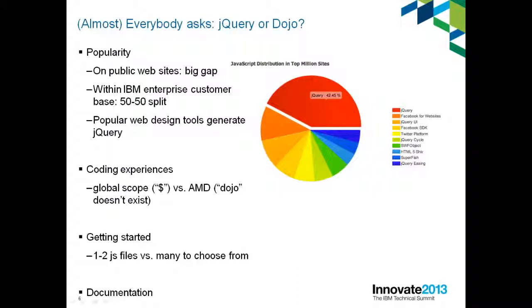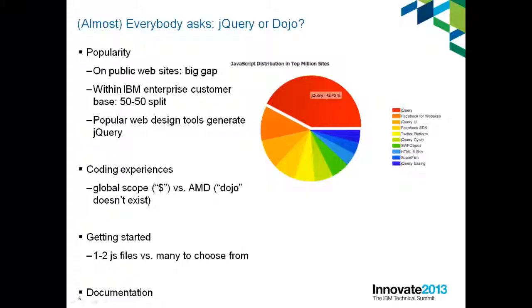Number two is the coding experience is very different between the two. jQuery is very easy to use. It's a couple lines of code and you can make things happen. Dojo used to be like that, but Dojo has gone in the direction of AMD exactly because Dojo wants to cater to enterprise customers. So Dojo went through a transition from somewhat like jQuery to AMD to be modular based, so enterprises can use it in a more flexible way.